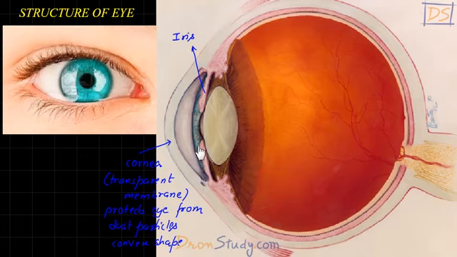You can also see this structure here, students. Now, in the mid of iris, there is a hole, students, that is actually called pupil. It is very important, students, as we will see later in this chapter. If we look at eye from outside, this black structure here is actually pupil. And this green structure here is actually iris.